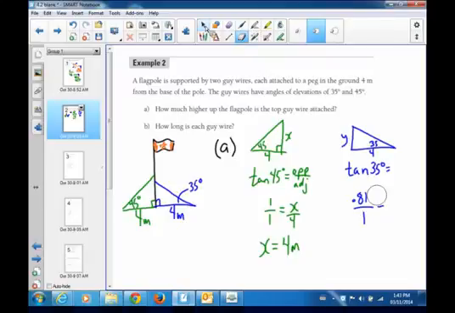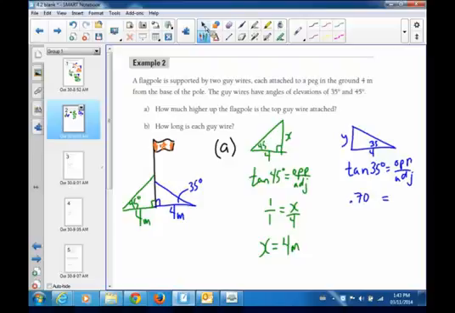It's not 819 though. I gotta type it in, 0.7. That's my mistake. That's why I'm getting confused. I hit the wrong button, didn't I? I hit the cosine instead of the sine, I think. 0.700, right? Opposite is y over 4. 4 times decimal 7, 2.8 meters.